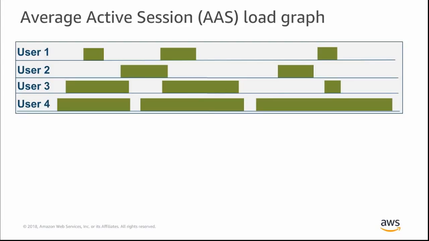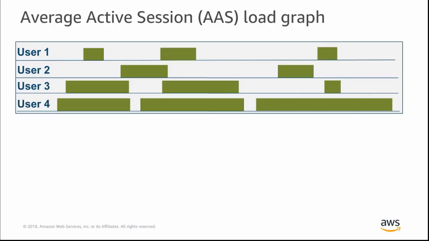So how do we expose this graphically? We come in and sample every second, and what we're seeing is which users are active and when they're active. Here I have a timeline running left to right with 4 users, and then I have these green rectangles. The green rectangles represent when I'm running a query. When a query comes into a connection, the green rectangle starts, the database starts processing that query, and then it returns results to the user, and that rectangle ends.